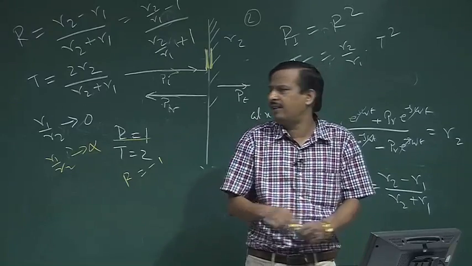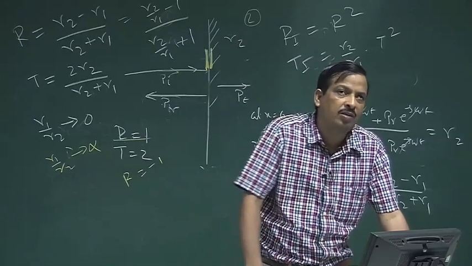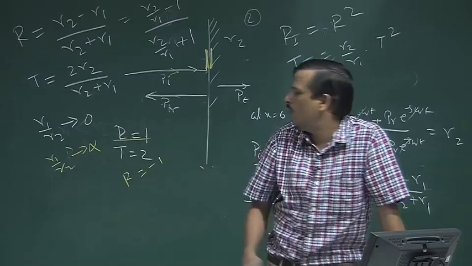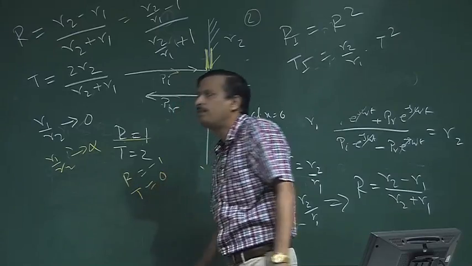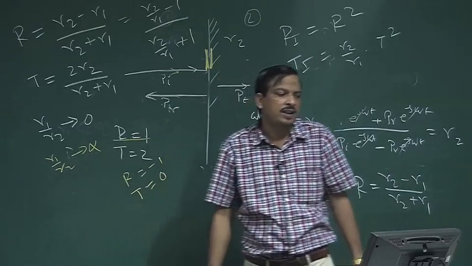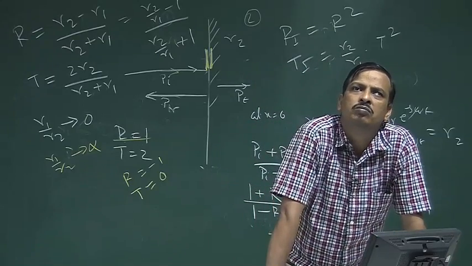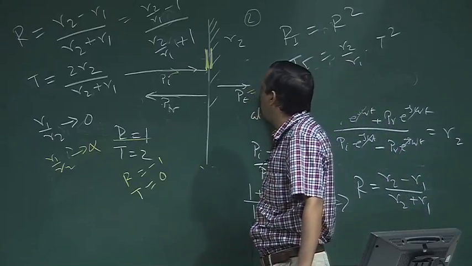So in that case the reflected pressure wave amplitude is the same, but compared to the incident wave, the reflected pressure wave has a 180 degree phase shift. And what is T in that case? T is equal to 0. What is the meaning of T equal to 0? The transmitted wave has a pressure amplitude Pt equal to 0.